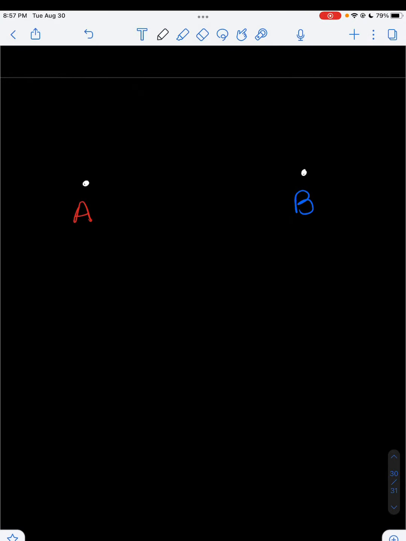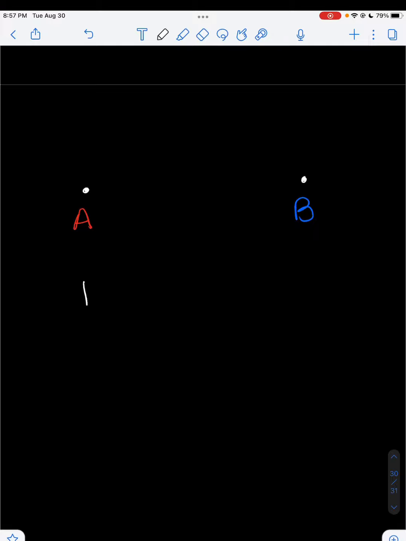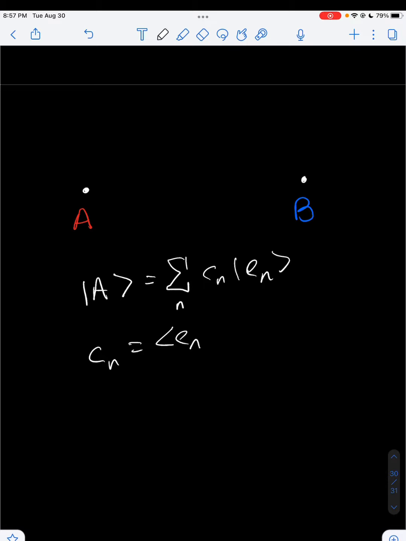Quantum mechanics gives us a nice recipe to calculate this, right? The Born rule says that to find the probability that it starts at A and we measure it at B, all we have to do is expand A in terms of a linear combination of basis vectors, and then Cn is going to be the probability amplitude.